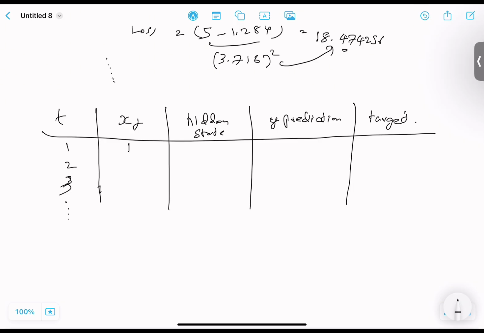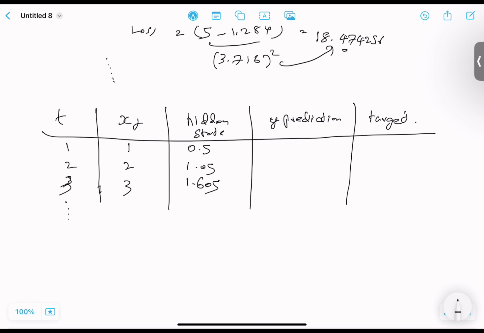Since we have calculated only up to time step 3, let's put the input values for these time steps. That's 1, 2, 3. It could be any number, but in our example it is 1, 2, 3. The hidden state at the first time step was 0.5, at the second time step 1.05, and third 1.605.